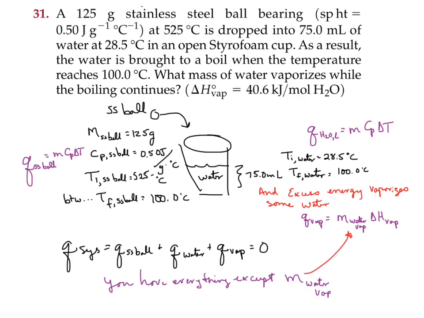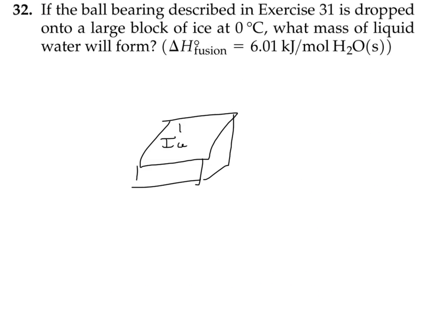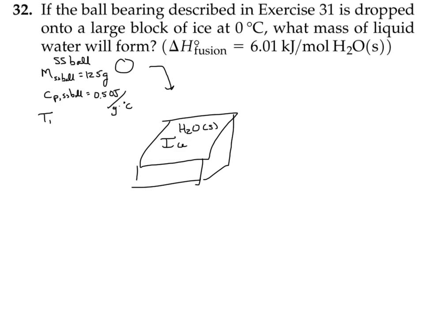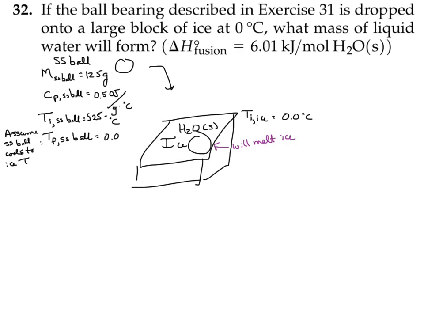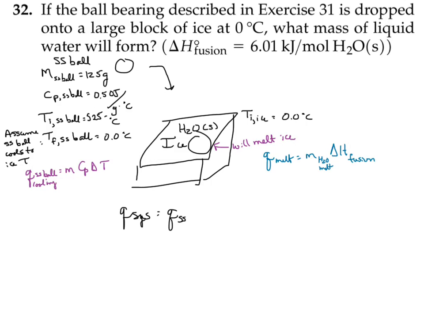One more. In this case, you're going to take that same stainless steel ball, thank goodness for copy paste, and you're going to put it on solid ice. And your question is, how much of that ice will you melt? It's kind of a fun question. So in this case, as far as I can tell, you only have 2 things going on.